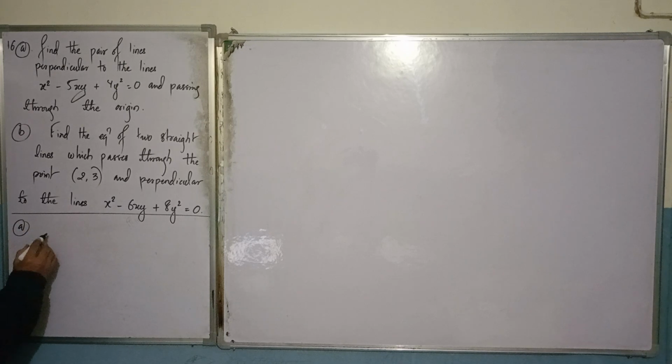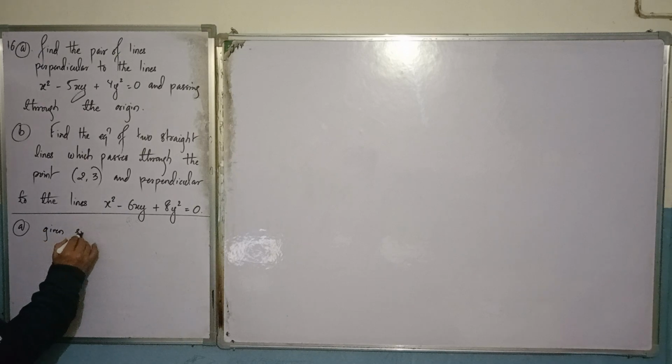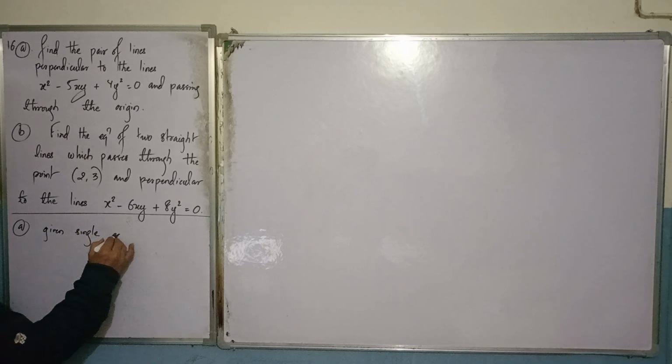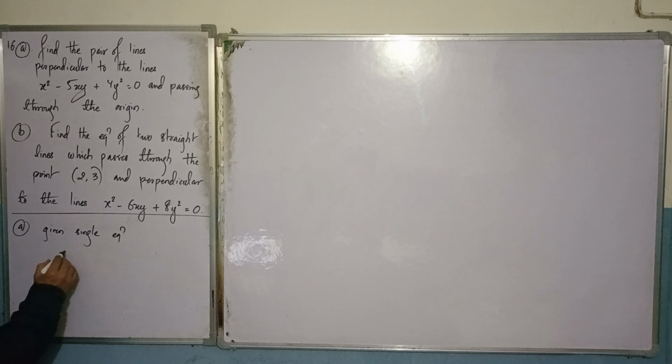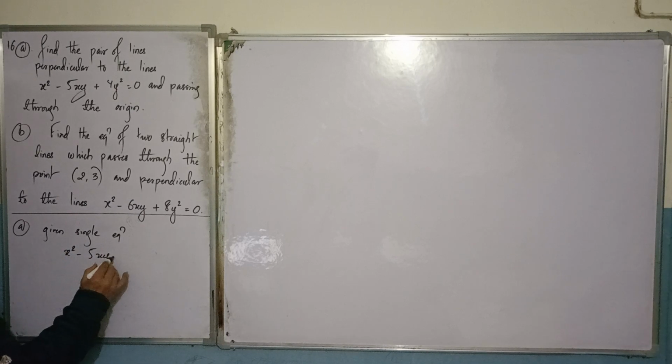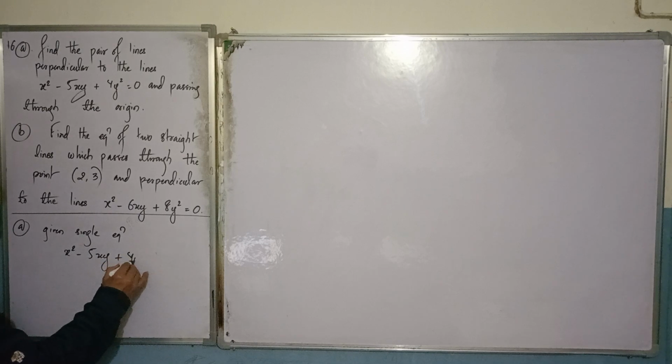In part a, we have the given single equation x squared minus 5xy plus 4y squared.